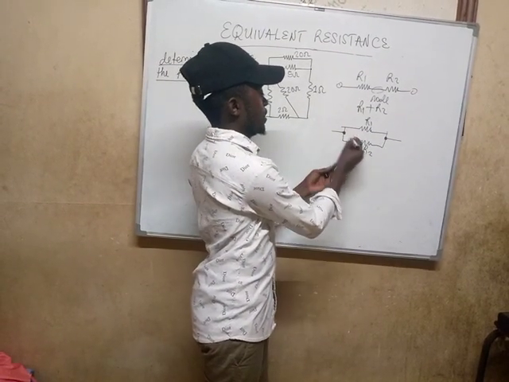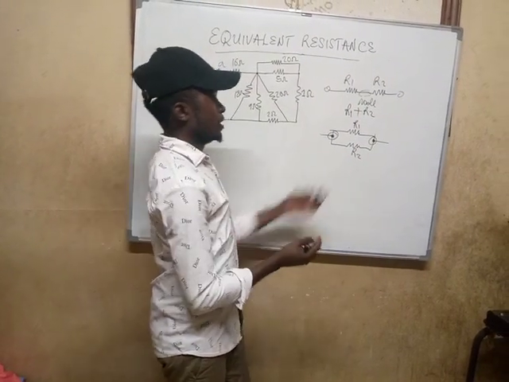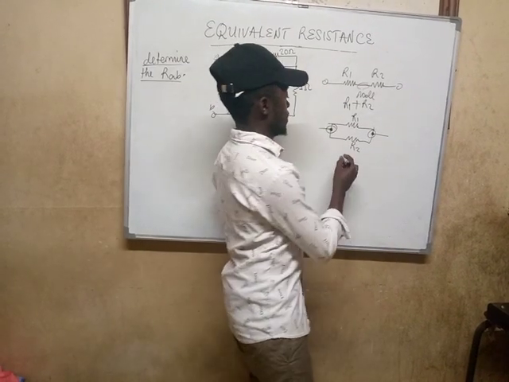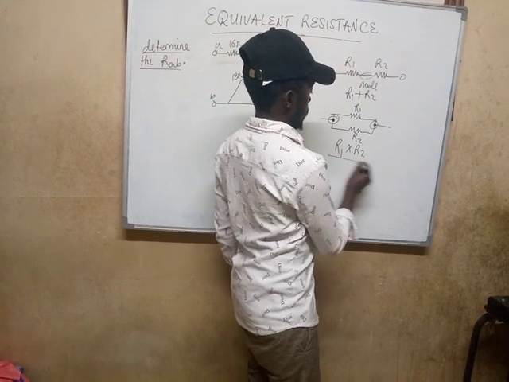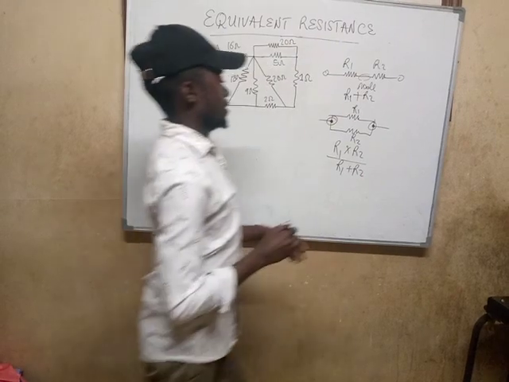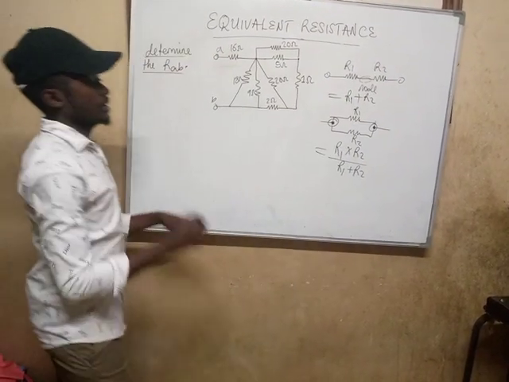So they are sharing the same two nodes, and we say these two resistors are in parallel. To calculate their combined resistance, we say it is R1 times R2 over R1 plus R2.